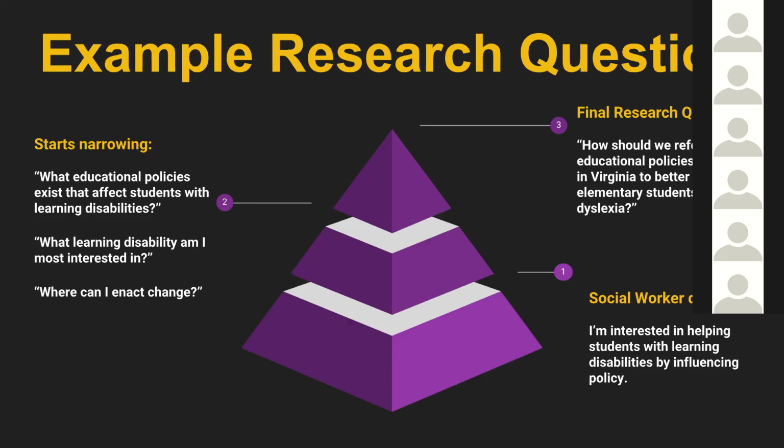So now our social worker has a good idea of what they want to know and even where that information might come from. Because they know they're going to have to research legislation in Virginia, but also maybe other states to see what's out there that lawmakers here could introduce.